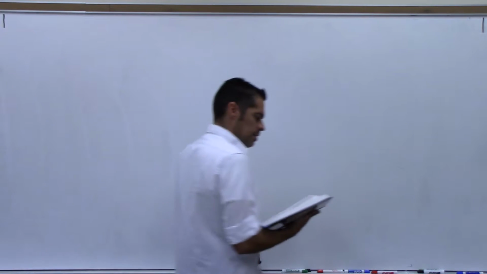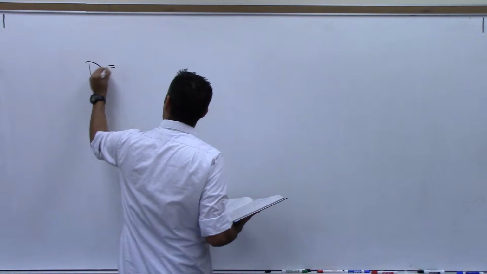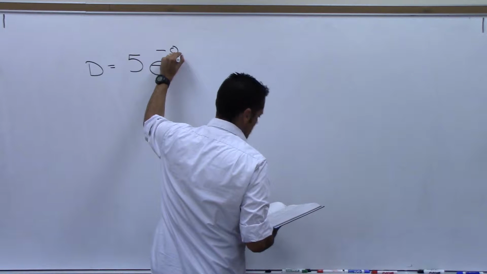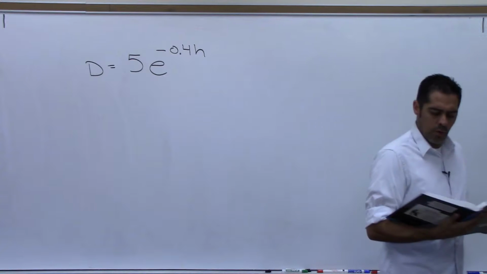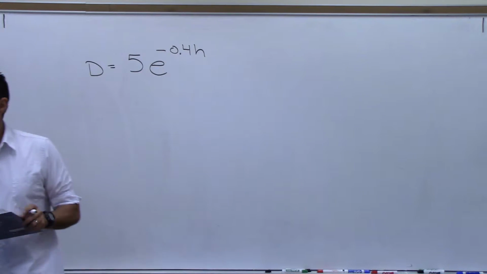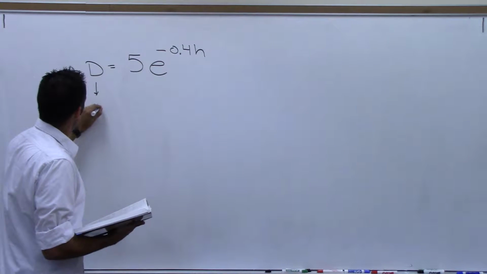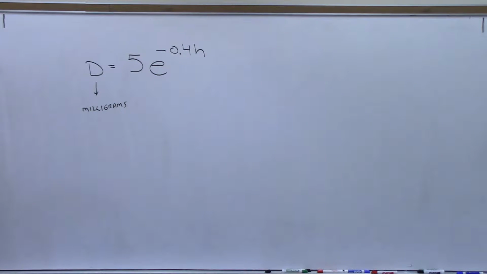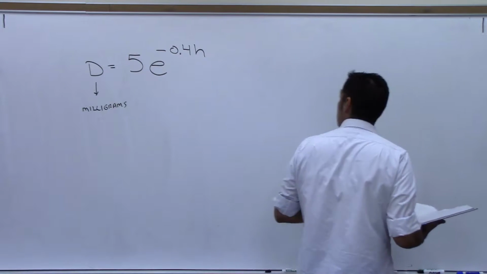Yes. So you have a formula that's given to you, which is D equals 5e to the negative 0.4h. And then I guess we're trying to find when D is 2. The formula can be used to find the number of milligrams D of a certain drug that is in a patient's bloodstream h hours after the drug was administered.